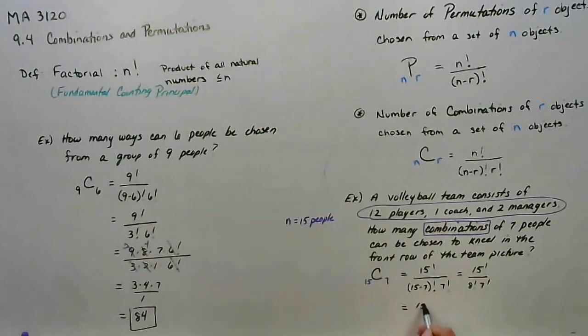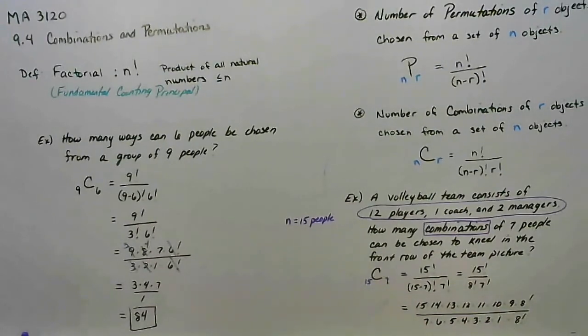So I'm going to start with my 15 factorial and I'm going to keep expanding it until I get down to the largest numbered factorial in the denominator. And then I'm going to line those up because I like to just line them up. And then the other is 7 factorial: 7, 6, 5, 4, 3, 2, 1.